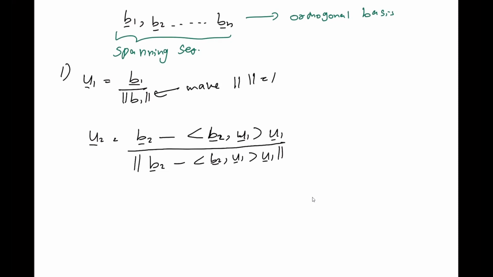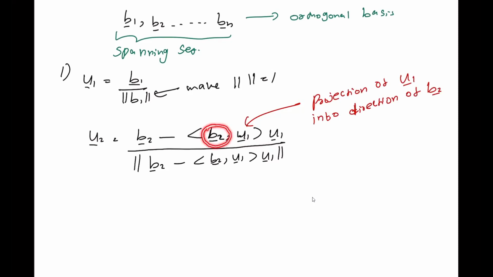Second step, I get a vector and subtract some part. This part is nothing but the projection of B2 in the direction of U1.